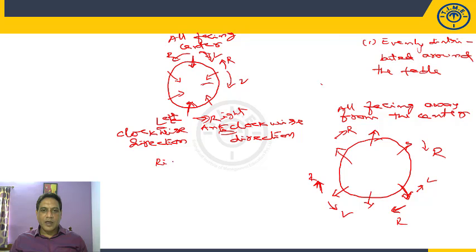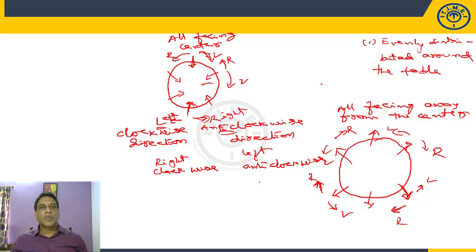Right is clockwise direction. And this will be the left of each of these persons. So left is anti-clockwise. Right is clockwise and left is anti-clockwise.